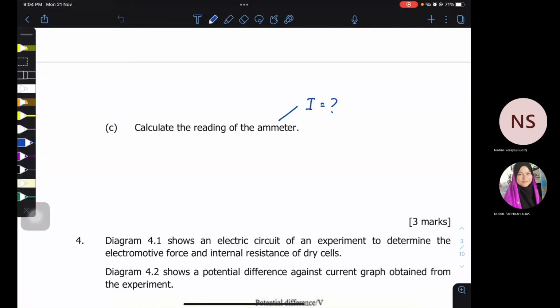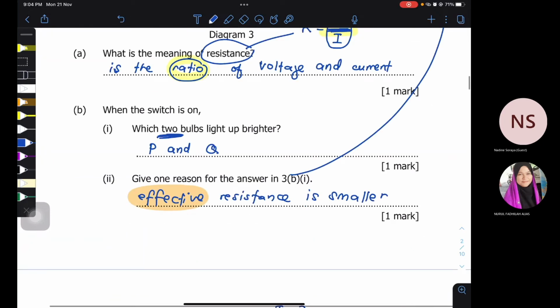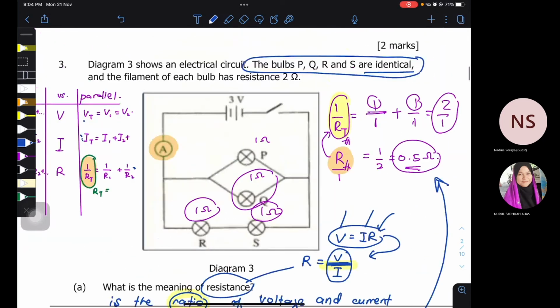Jadi kita tengok mana satu paling sesuai. So kita kena guna V equals to IR. V equals to IR. Okay. So what do we want? We want I. I equals to V over R. V over R. Okay, do you know the voltage? Yes, voltage is given 3 volt kat sini.